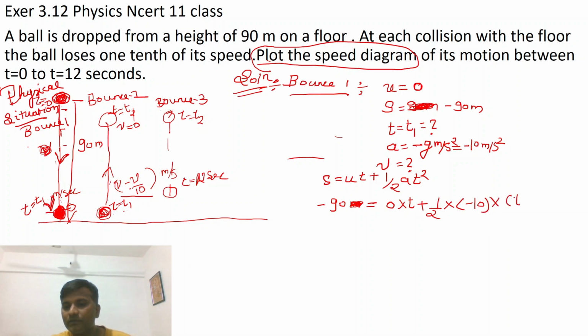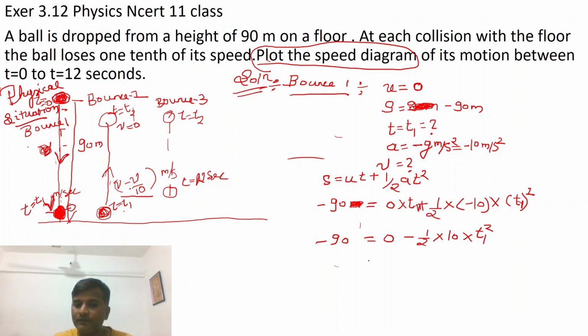What is t square? We don't know. It is the time that we have to find out. What we have taken here is t1, and here also t1. So minus 90 is equal to 0 into t1 minus half into 10 into t1 square.